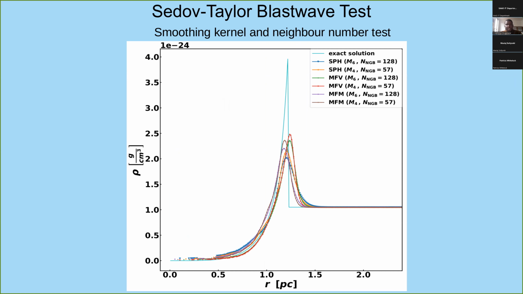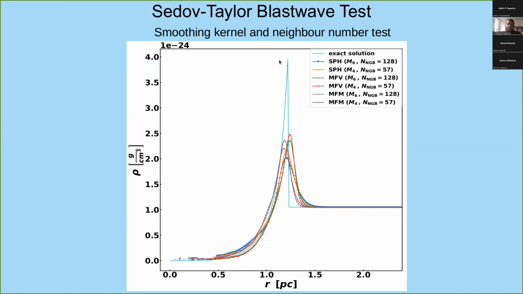And we went on to test different smoothing kernels with a number of neighbors. This is done for each of the SPH, MFV, and MFM methods. Again, and you can see a pattern here, the ones with bigger kernels and more neighbors seem to have the edge in terms of how they approximate the shock jump conditions.